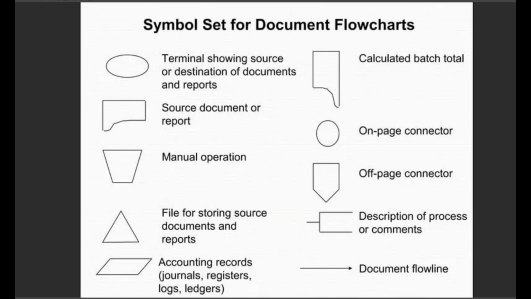Sometimes it is an entity. Just like in the data flow diagram, the entity is illustrated as a rectangle with a shaded part for Jane and Sarasot, and just a rectangle for Jordan. But here in the document flowchart, they are illustrated as an oval or a rectangle with rounded edges.